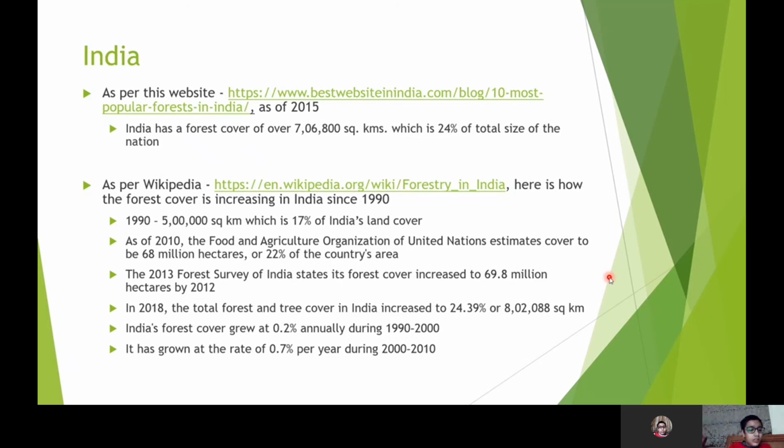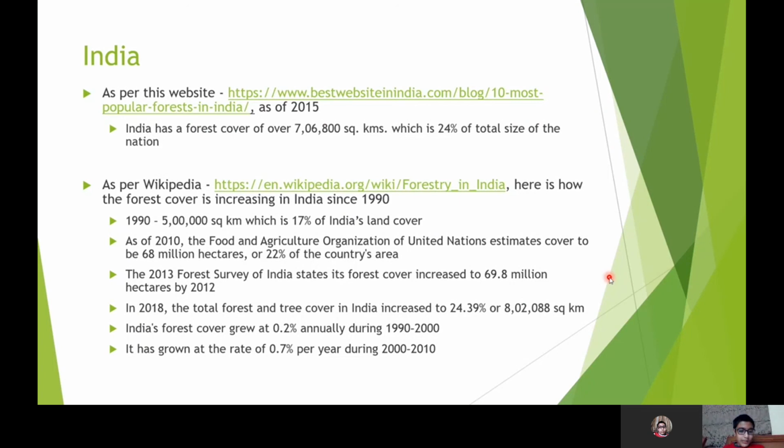The 2013 Forest Survey of India stated its forest cover increased to 69.8 million hectares by 2012.